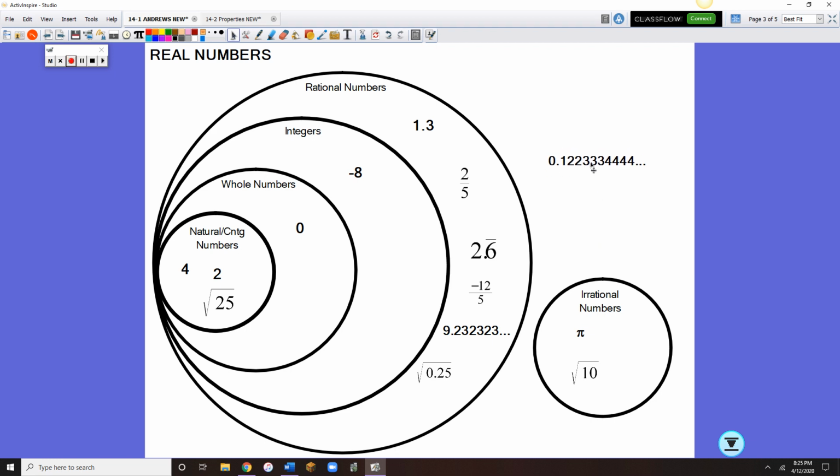So 1, 2, 2, 3, 3, 3, 4, 4, 4, 4 is not rational because although it's a pattern, it is not a repeating pattern. I don't see 3 copies of the same number 3 times like I do here, 23, 23, 23.